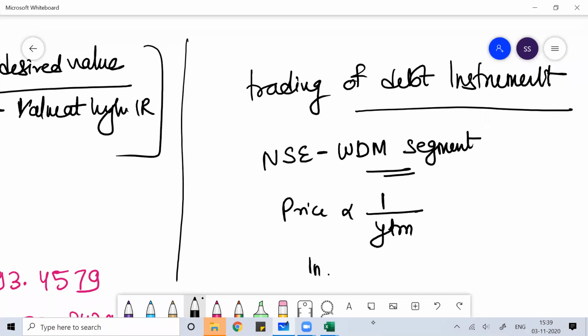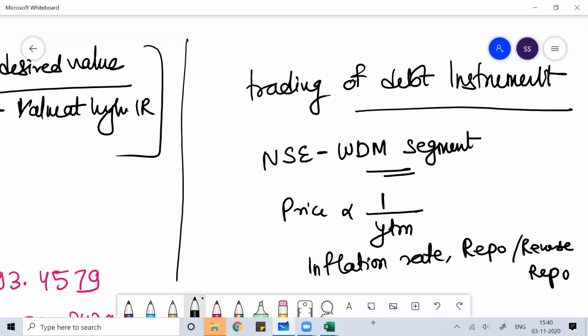Inflation again depends upon the repo and reverse repo rate, which the RBI keeps on changing because of the monetary policy review.